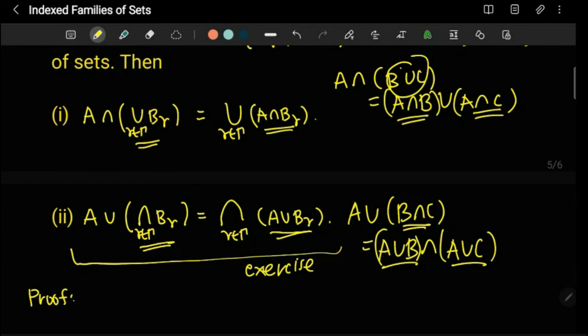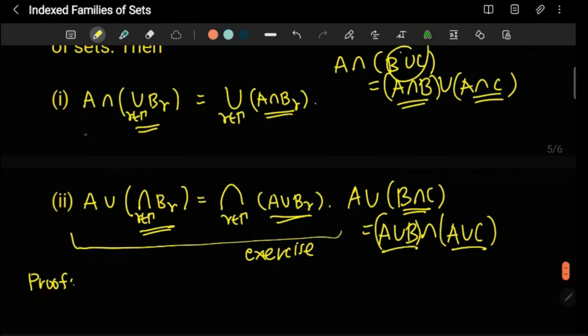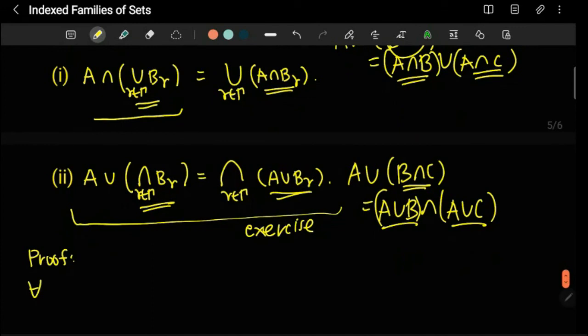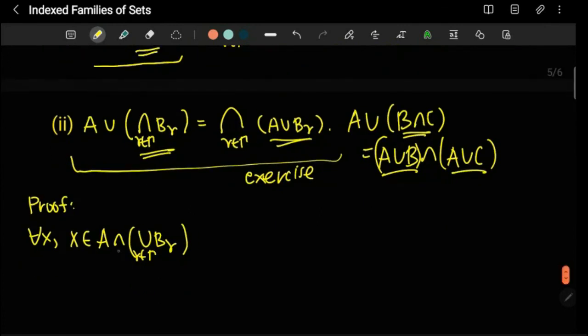Alright. So what we want to show is this equality. For every x, what does it mean that x is in this intersection, A intersection the union of B sub gamma, gamma an element of the indexing set? We can apply first the definition of intersection. That means that x is in A and x is in the union.